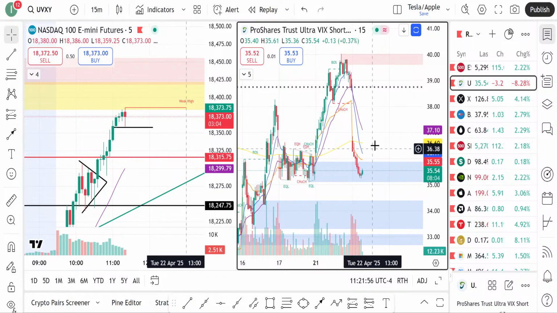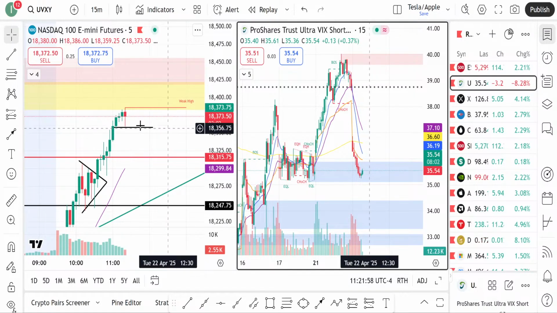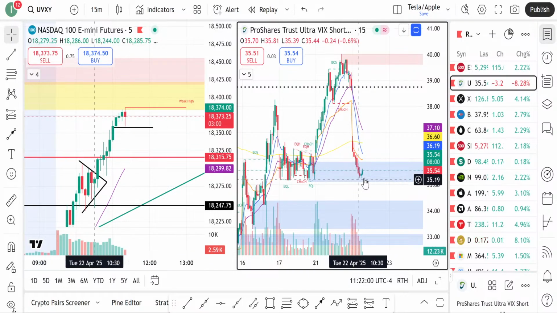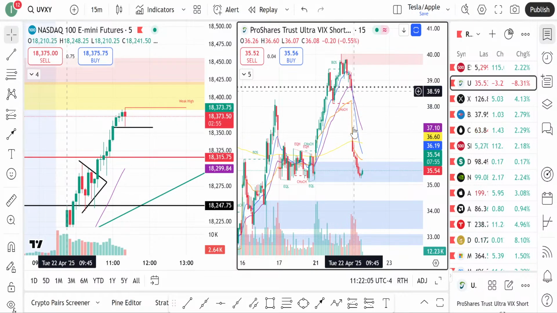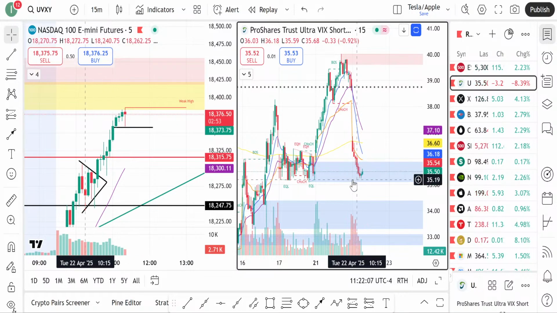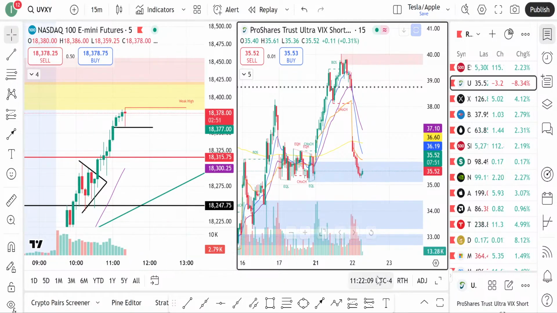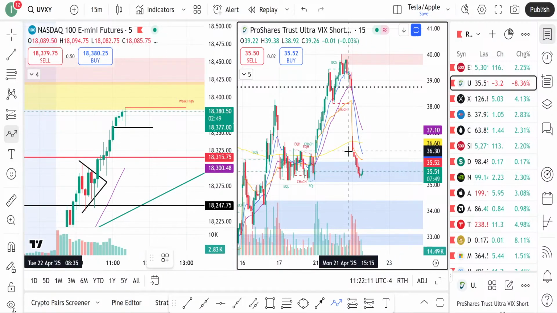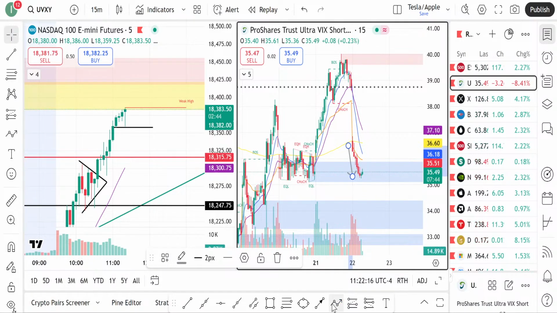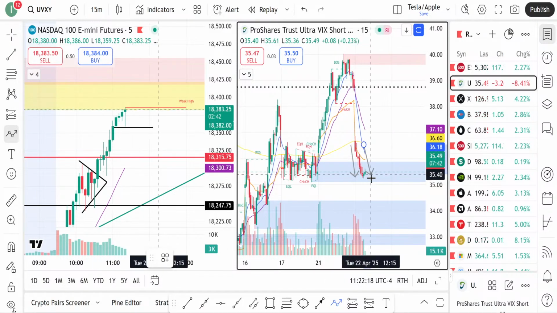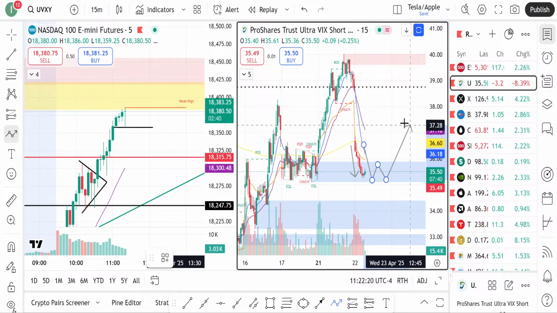When the VIX is going up, these other stocks go down. So since we're here at a demand zone on the VIX, we have a gap here to the upside. It looks like this movement is losing momentum, so what it could do is potentially come down here and start to reverse.